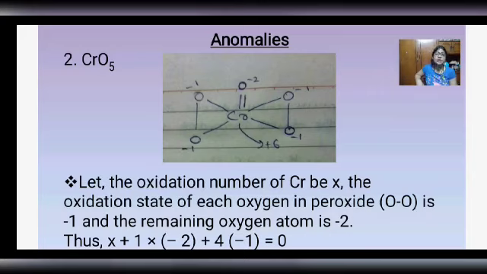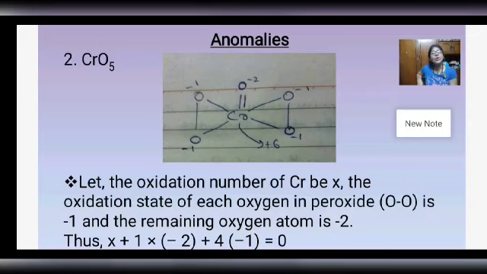So, let the oxidation number of chromium be X. Then, the oxidation state of each oxygen in a peroxide, O-O, is -1, as we have discussed in the rules. The oxygen at the top will have an oxidation number of -2 and the remaining 4 oxygens each will have an oxidation number of -1.